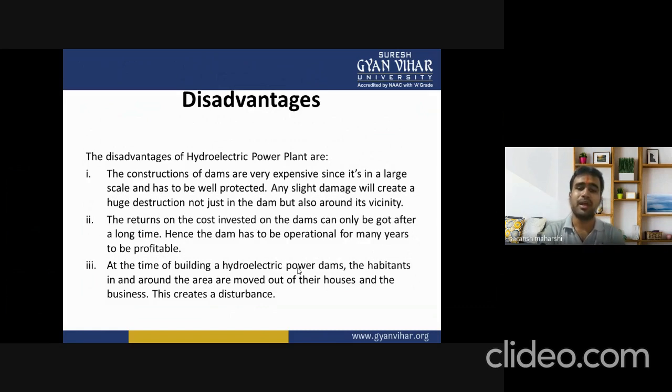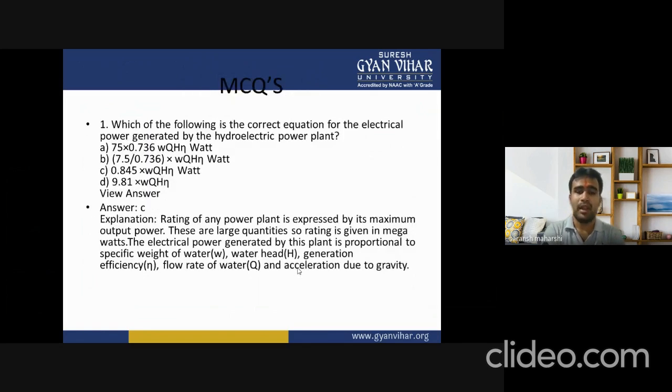Hence, the dam has to be operational for many years to be profitable. At the time of building a hydroelectric power dam, the inhabitants in and around the area are moved out of their houses and businesses. This creates a disturbance.